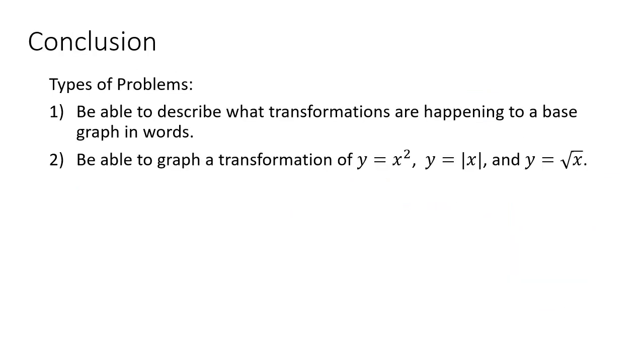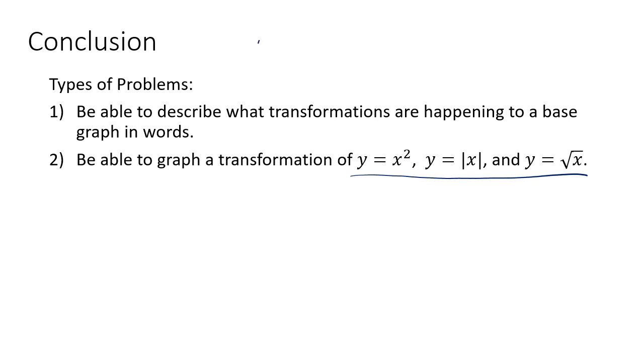And that is it for section 2.3, families of functions. So again, you can kind of break this section down into two core ideas. The first is that you have to know your base graphs. Y is equal to x squared, absolute value of x, and square root of x. And then the other more major portion is you have to know the transformations.